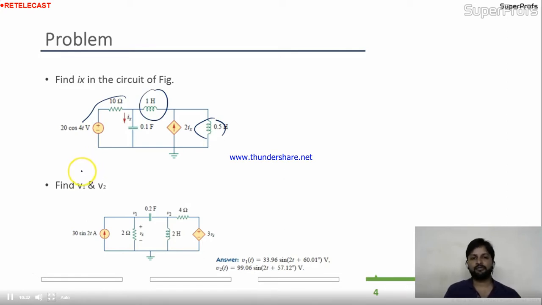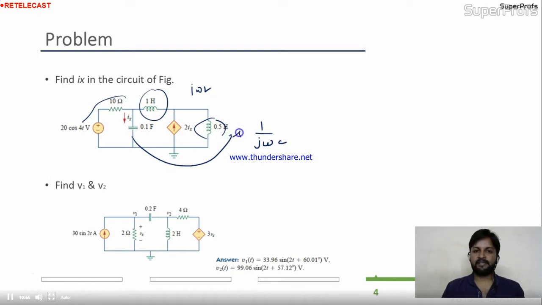So the rules, whatever we have learned in the first unit, will be applicable for the AC circuit also, but you have to remember to convert the circuit in the form of impedance function. Instead of inductor, you will replace with j omega L, and capacitor you will replace with 1 upon j omega C, because this is the impedance equivalent of this. I hope this is clear to you.